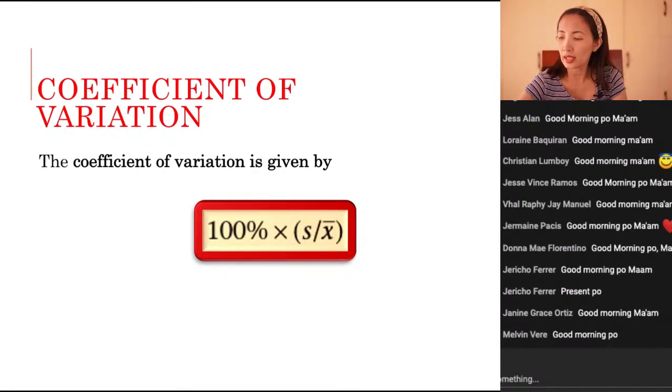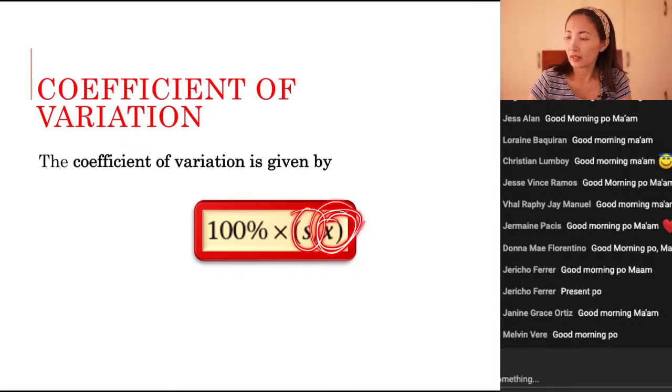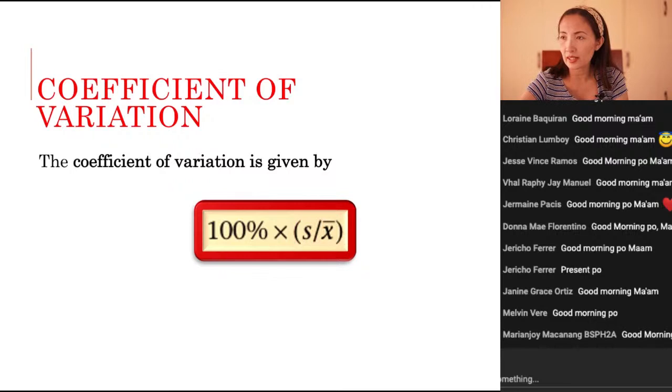Take note that in S over X bar, S and X bar will have the same unit. For instance, if the numerator's unit is kilogram and the denominator is kilogram, that will cancel out, which means that your coefficient of variation is without unit. Usually it is expressed in percentage.